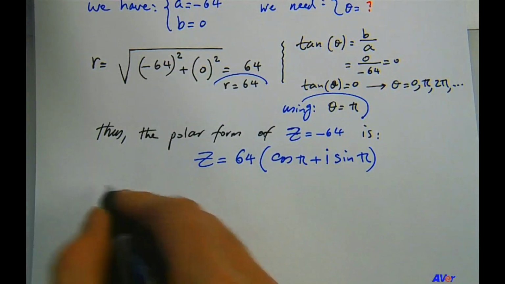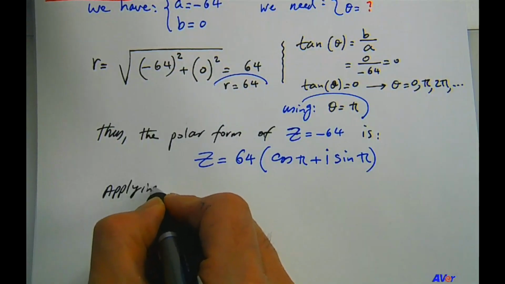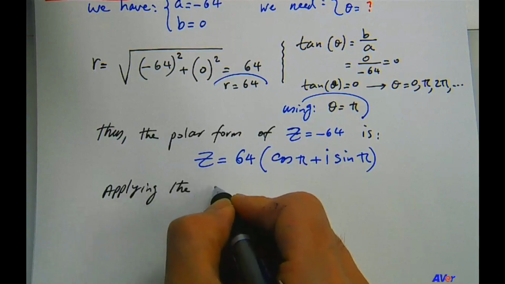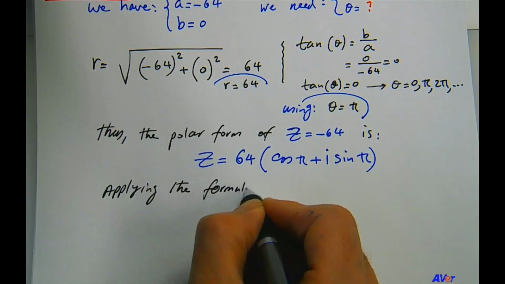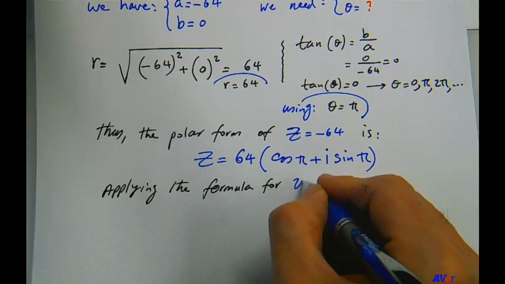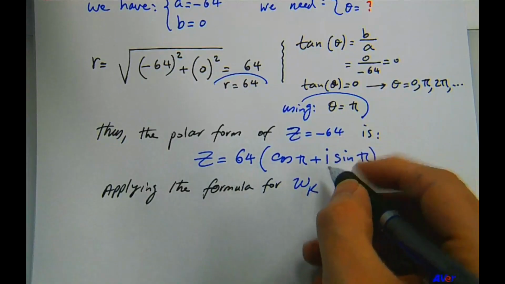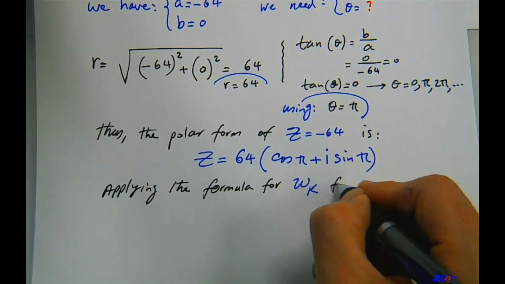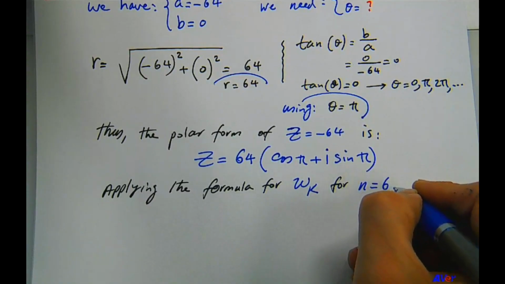So now we're applying the formula for W_k for n equals 6.